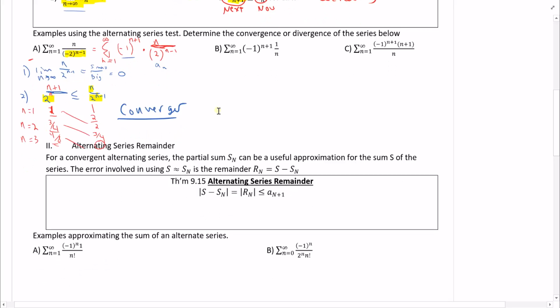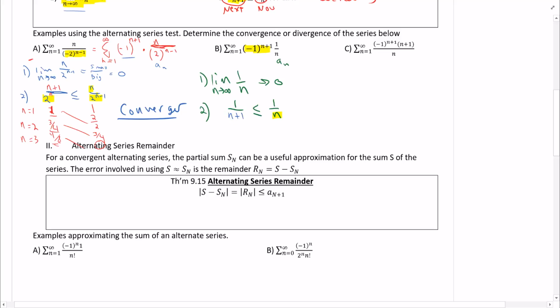Next one is already written in that form for us. They separated the negative piece for us, and this is our nth term. So we just need to check two things. Does the limit as n goes to infinity equal 0? Yes, it's 1 divided by infinity, it goes to 0. Next, piece 2, we need to compare our two things. Here's a_n, which is 1 over n, and a_{n+1} is simply replacing your n with n plus 1, so it's 1 over n plus 1.